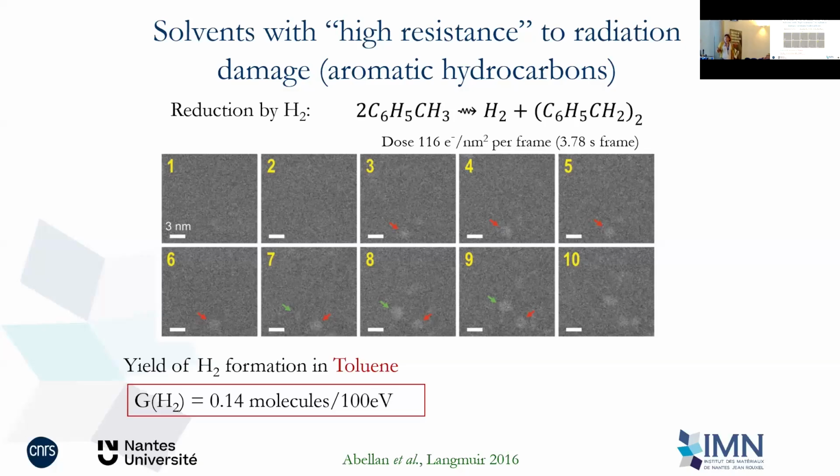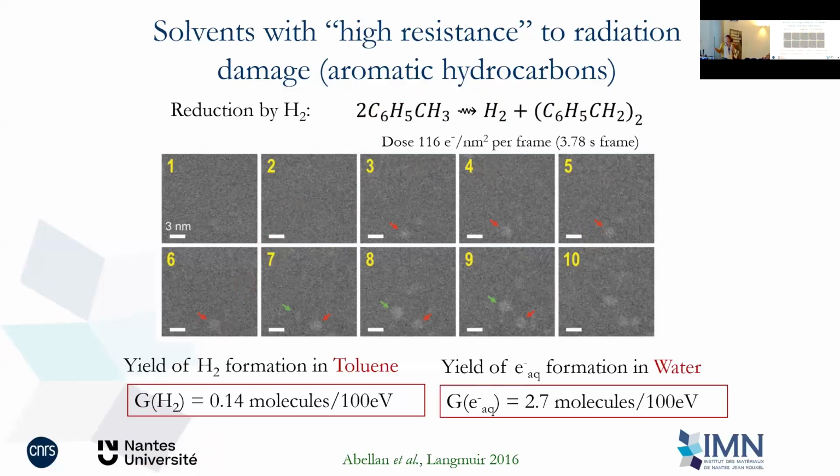Yeah. Okay. So if you use other solvents, they have different properties, and this was just to show, it was the first time that we used an aromatic hydrocarbon, to say that these are very stable materials, so you could have a production of radicals that is much lower. So you can slow things down a lot.